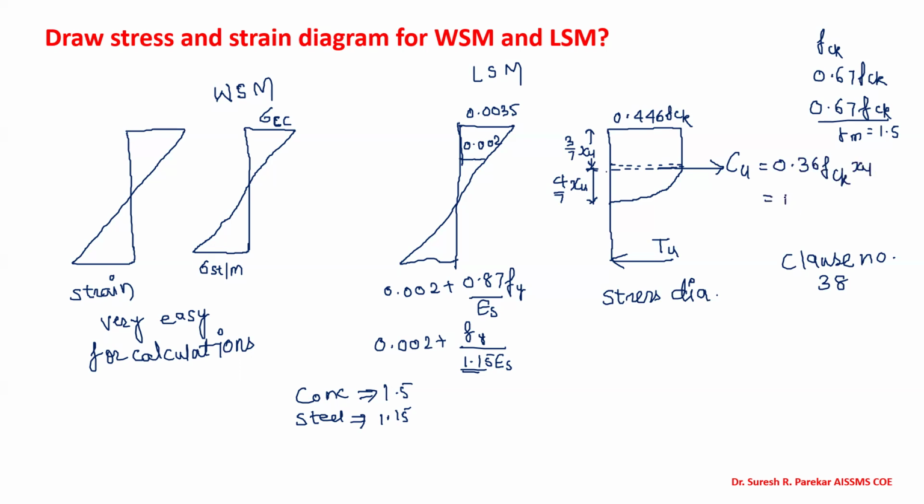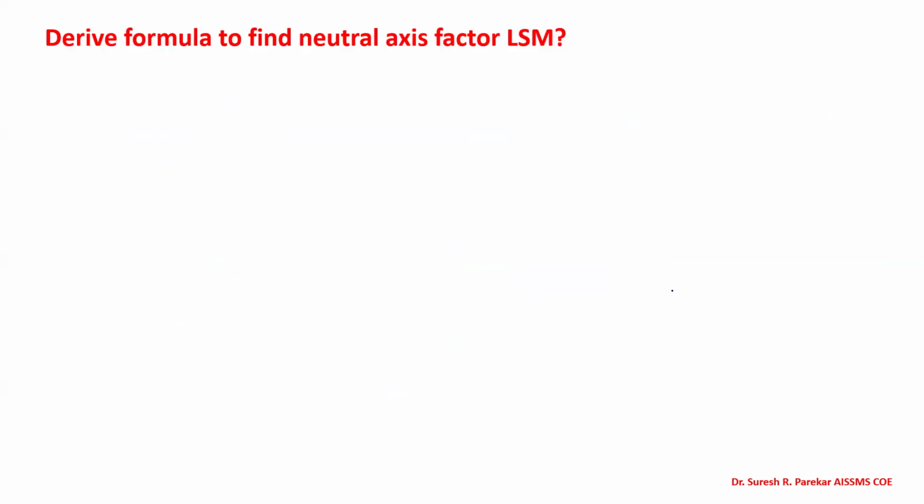The unit of this is Newton per millimeter. If you multiply this by B, then we have the compressive force in Newton. This is compressive force per millimeter. And likewise we have this stress strain diagram. Then we have derived the formula to find the neutral axis factor.